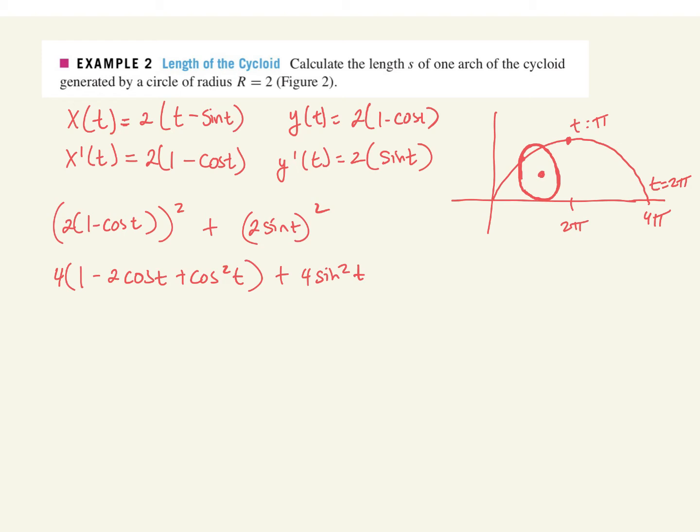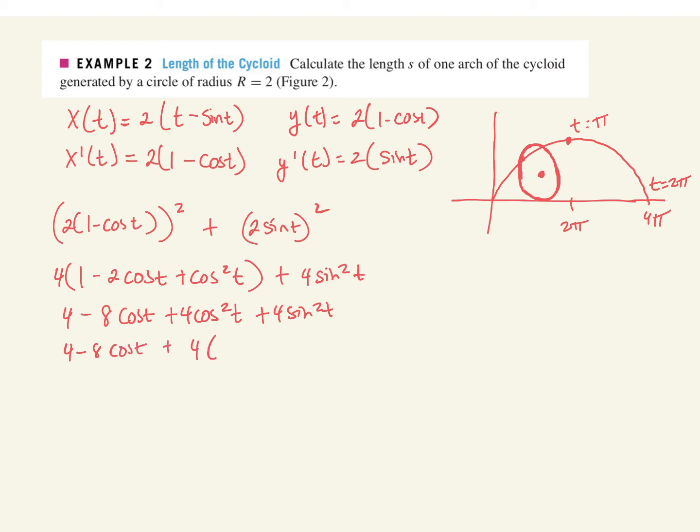Okay, so now I'm going to distribute my 4. I can factor the 4 out of just the second 2, right? Because then I have my identity down there.